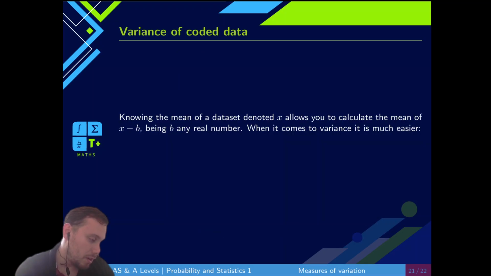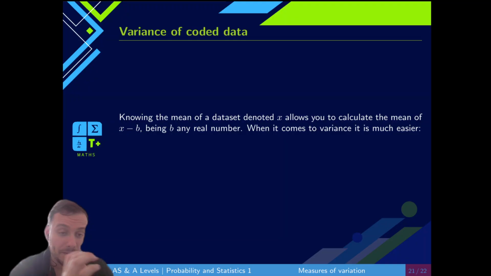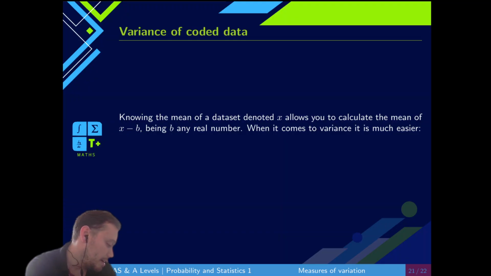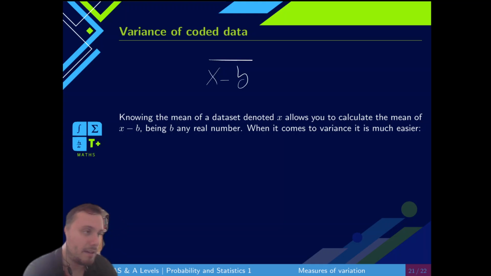Then, moving on, we're going to see what happens with variance when we are coding data. Remember that when we code data, we are transforming every value by adding or subtracting a number, and we have talked about the fact that the mean of a data set x minus b is equal to the mean of x minus b.